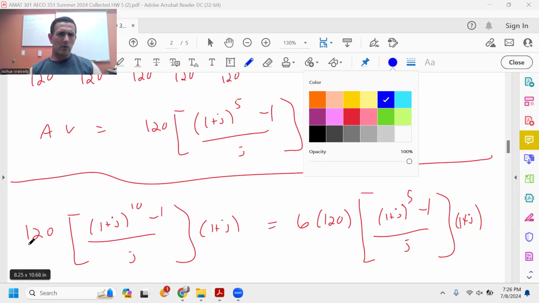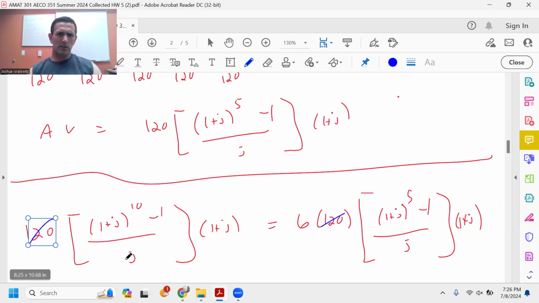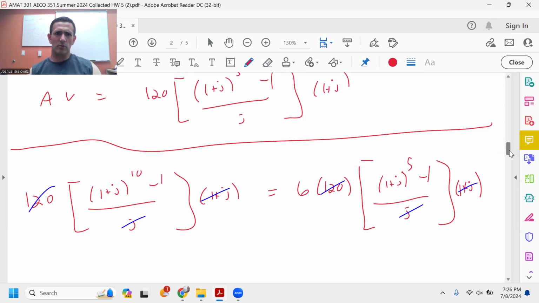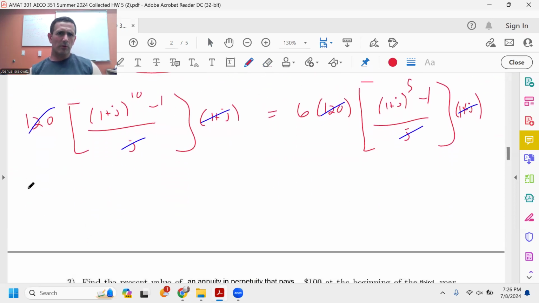All right, so the 120s cancel, the J's cancel, the 1 plus J's cancel. So I'm not going to rewrite stuff. I mean, I'm not going to erase, I'll just rewrite. All right, so simply, I'm running out of room, but that's fine. So this is 6, bracket here.